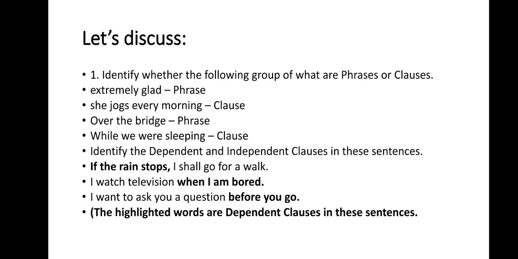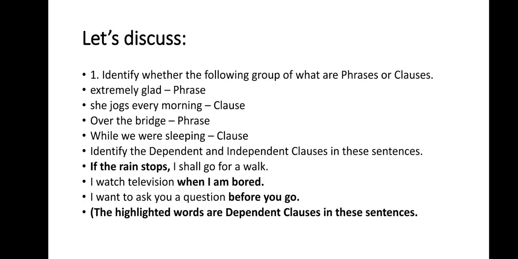Identify the dependent and independent clauses in these sentences. Okay. If the rain stops, I shall go for a walk. Now just see what clause can you take as dependent and independent. If the rain stops, can we take it as an independent sentence?